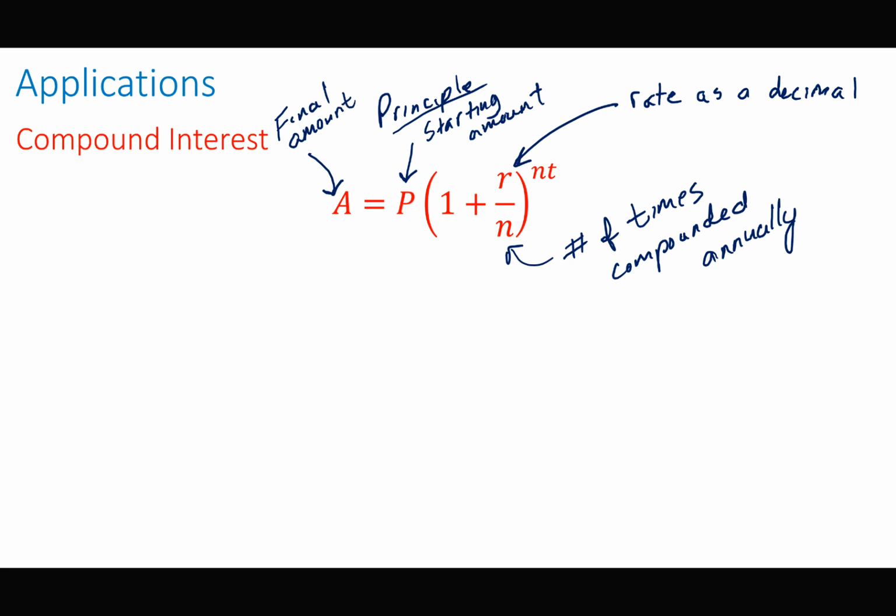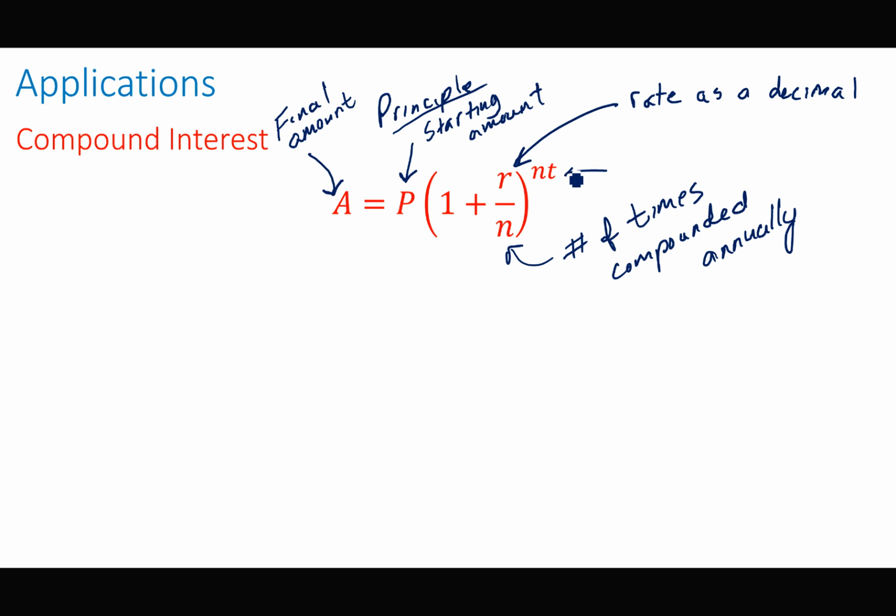So if it's only compounded annually, it would be 1. But if it was, say, compounded monthly, and they'll say that in the setup to the problem, compounded monthly, N would be 12. Compounded daily would be 365. So that N is that number of times compounded.